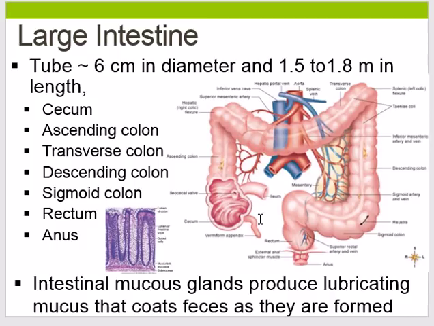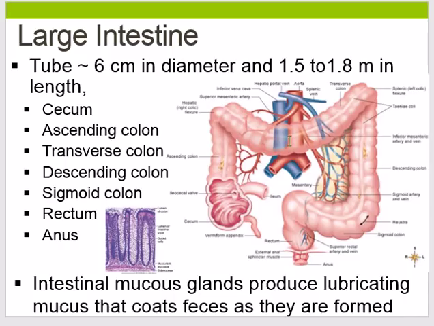To orient yourself here, the small intestine, for the most part, has been removed from this image, but you can see the end part of the small intestine, part of the ileum, where it joins into the large intestine. Once we're in the large intestine, this is the region of the cecum, the first part of the large intestine. Then as we ascend, it's called the ascending colon.